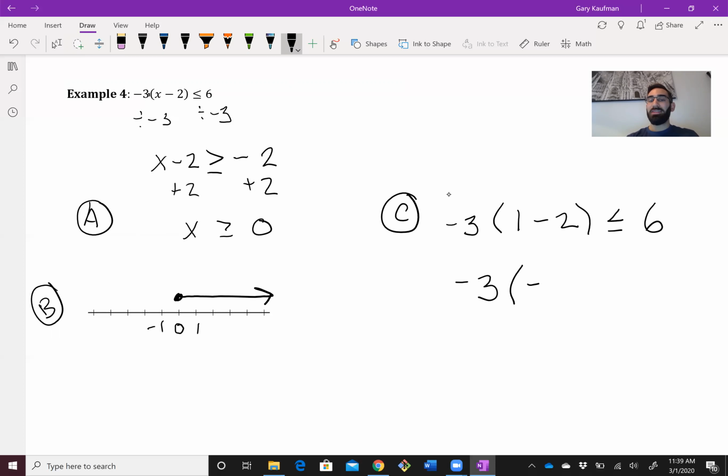Notice we divided by -3. It doesn't matter what this is. What matters is what we're dividing by. I'm going to go up for a second. We divided by a -4. Let's go up further. We divided by a 3.